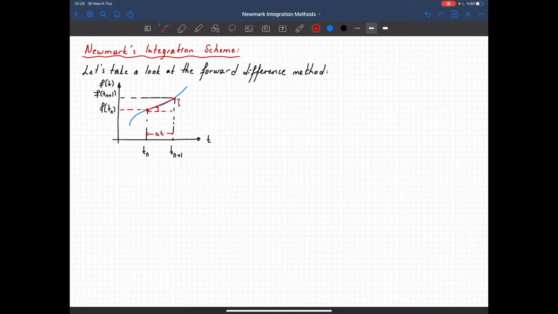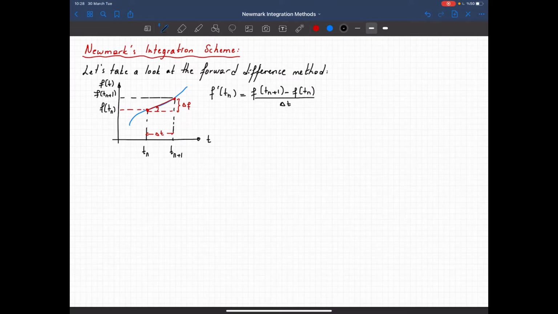So this is delta f and that's delta t, and we were using the slope of this curve at Tn, and we were writing the following relationship: f prime of Tn is equal to f Tn plus 1 minus f Tn divided by delta t.